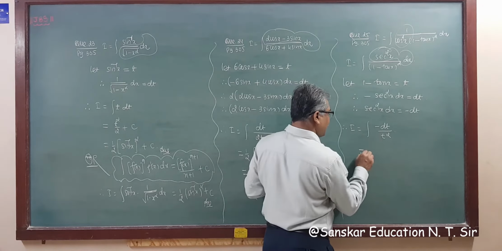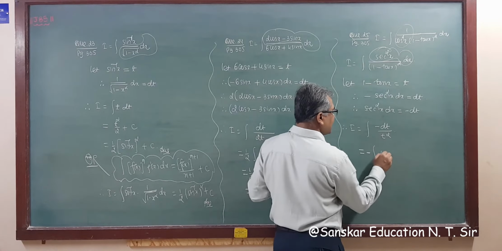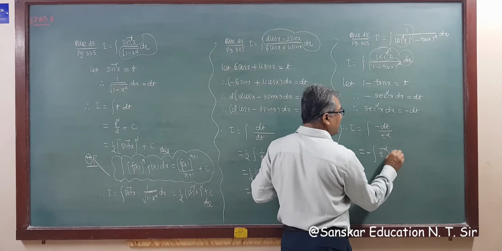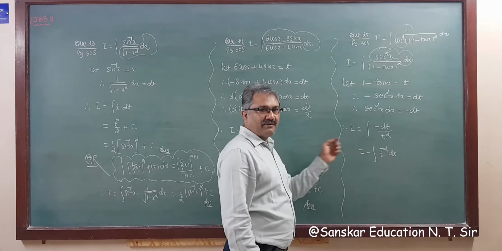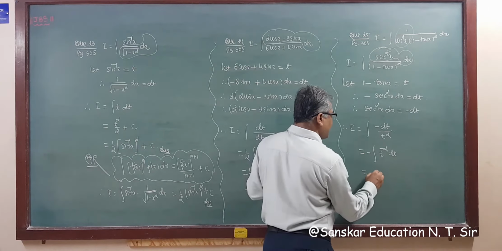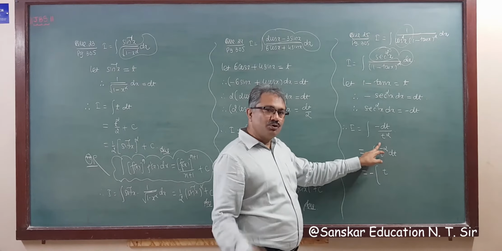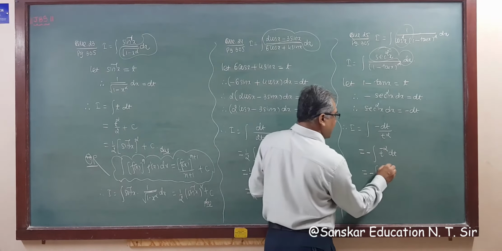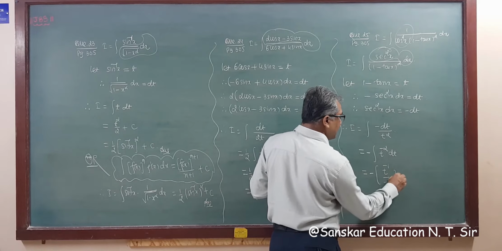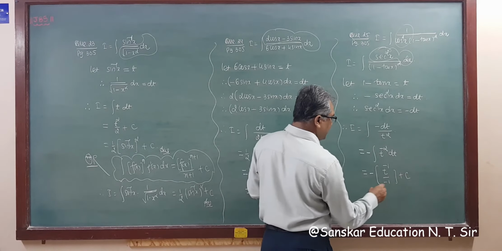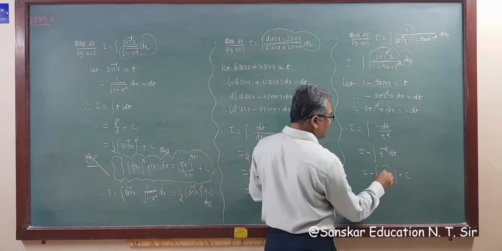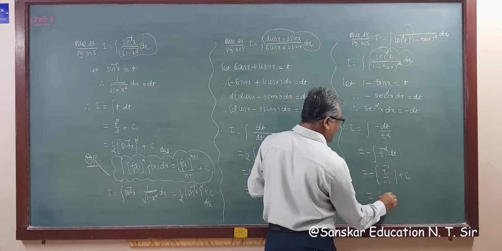Or you can use minus, this is t raised to minus 2 dt. Now applying the x raised to n formula, answer of this is minus, t raised to minus 2 plus 1, that is minus 1, upon minus 1, plus c. So minus minus plus, and this is t raised to minus 1, that is 1 upon t plus c.